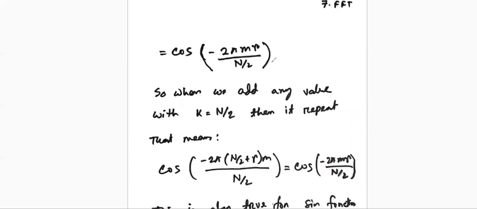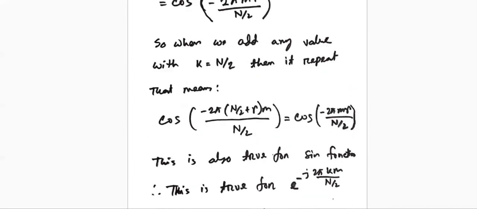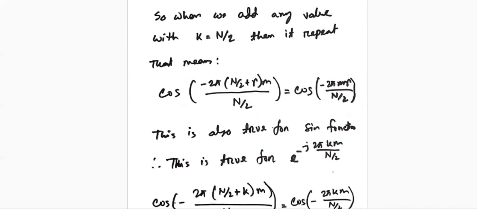So when we add any value with k equals n by 2, then it repeats. That means n by 2 is our period. So n by 2 plus r, n by 2 vanished, which shows that this is a period.